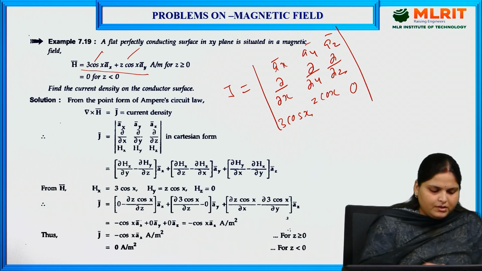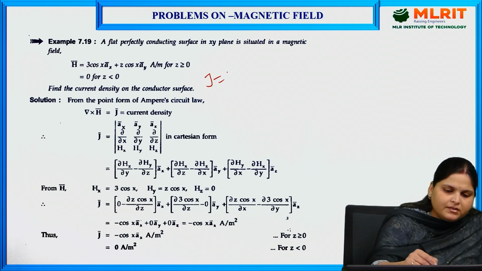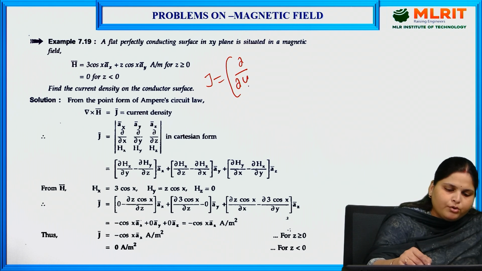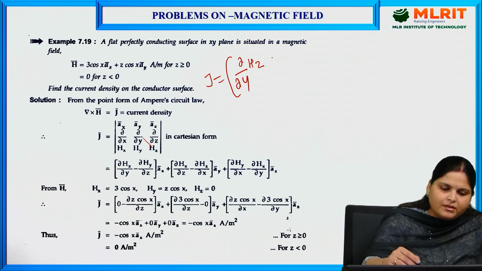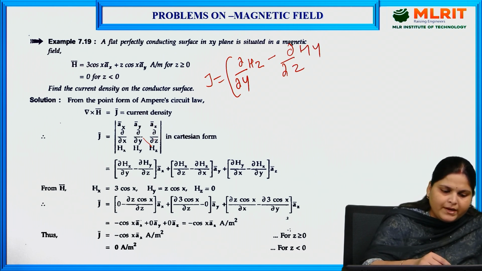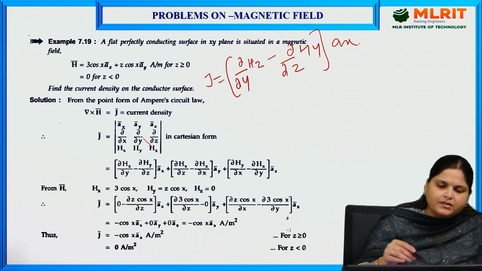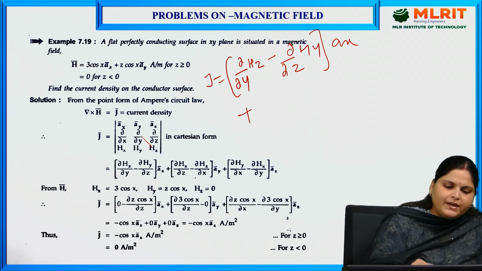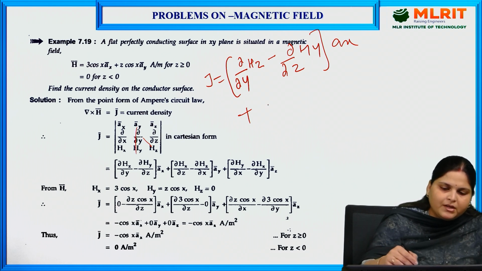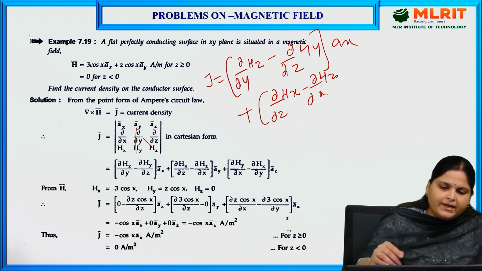Now we will expand this determinant, and this will become dou Hz by dou y minus dou Hy by dou z, ax, plus, for ay, dou Hx by dou z minus dou Hz by dou x, ay.